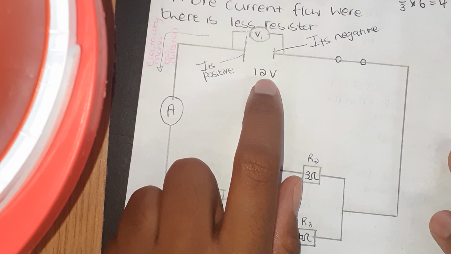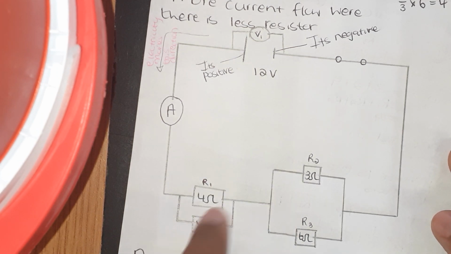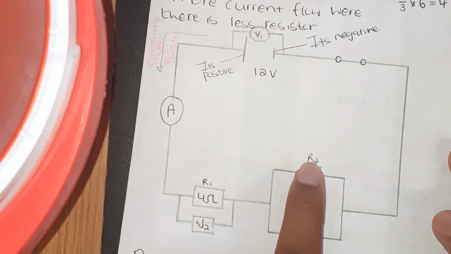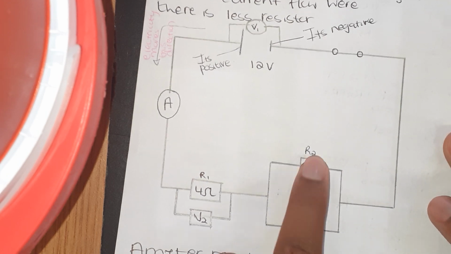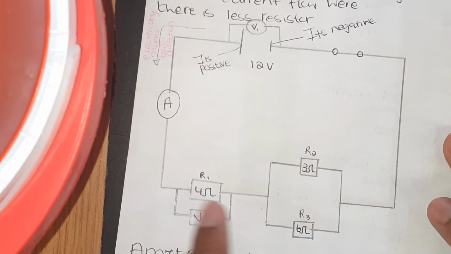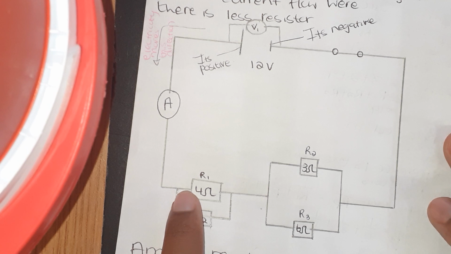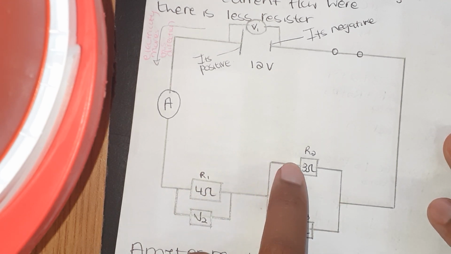This is the total voltage. The voltage here and here are the same, but you don't add them. If it's 6 here, it's 6 here, and let's say here is 6 as well to make it 12.